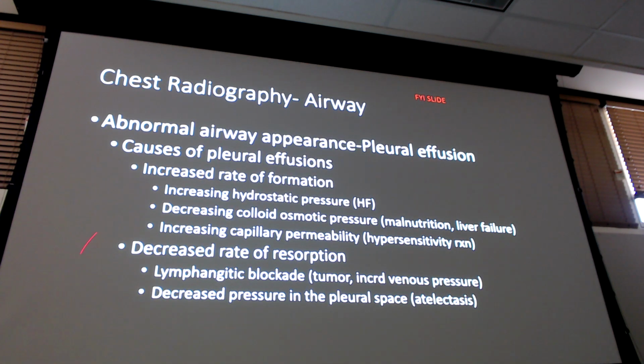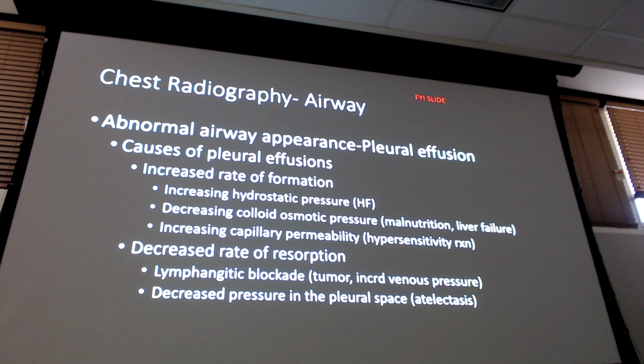Here is the pathophys of what happens, FYI slide, I'm not going to assess you on pathophys, of what happens when it causes pleural effusion, okay? You have one of two things, or sometimes both. Increased rate of formation of your pleural fluid, so increasing hydrostatic pressure, decreasing osmotic pressure, primarily liver failure. We see this a lot.